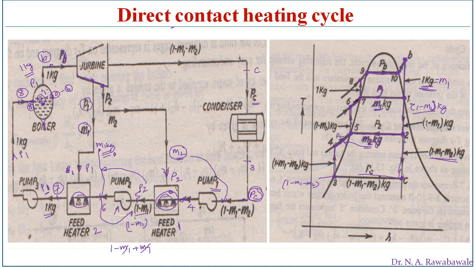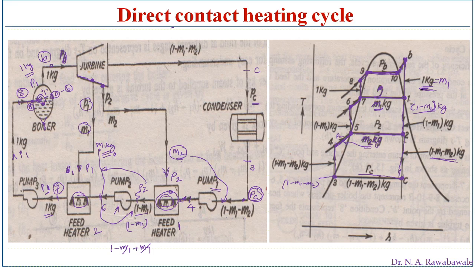At point 8, when it is supplied into the boiler, it is not saturated liquid, so again it absorbs sensible heat from point 8 to 9. So only between 8 to 9 sensible heat is added, and the rest of the heat is supplied at highest temperature between 9 to 10 and 10 to B. Again the process is continued.